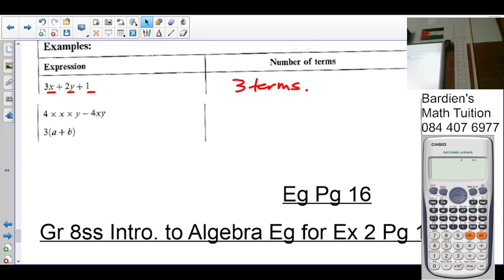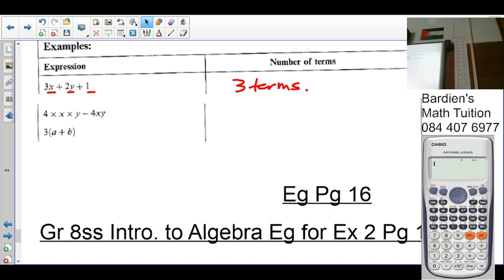Okay? A trinomial. So 2 terms is called a binomial. So 3 terms is a trinomial. 2 terms? Binomial. 1 term? Monomial. Okay? So we'll make that note again later on.